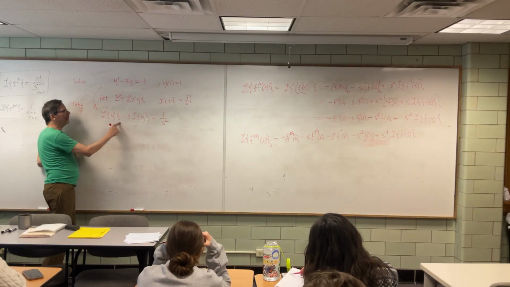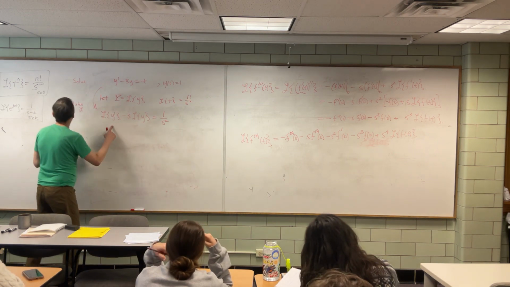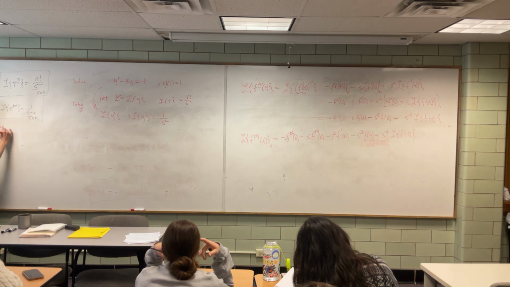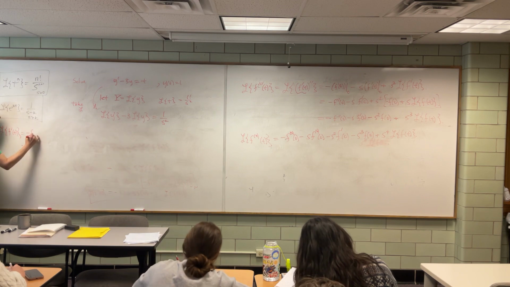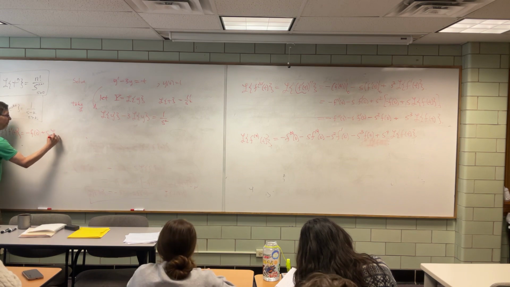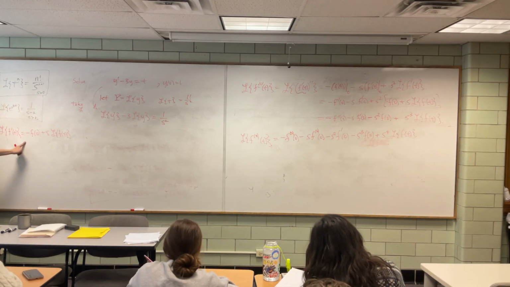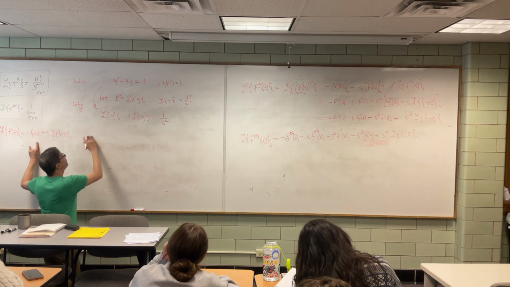So now, the Laplace transform of y prime, let's put the formula up here. The Laplace transform of a derivative was equal to negative the function evaluated at 0 plus s times the Laplace transform of that function. This is our formula. So I'm just going to use that over here, except we have y instead of f.